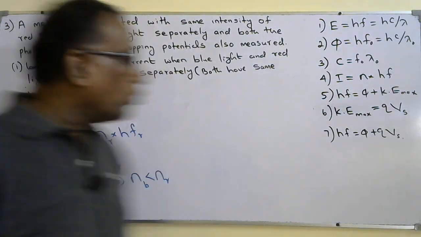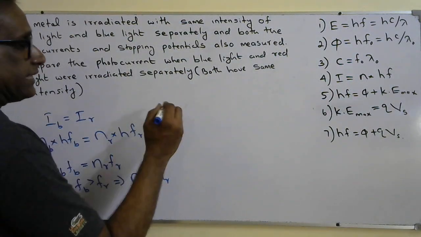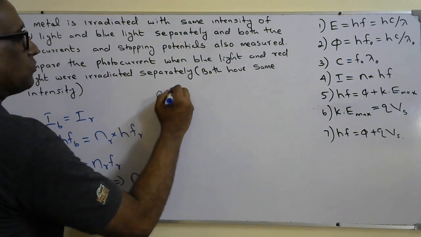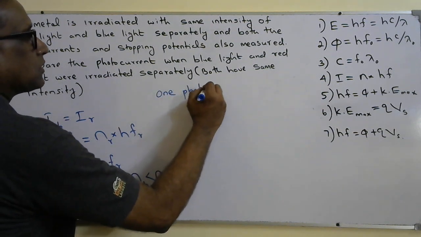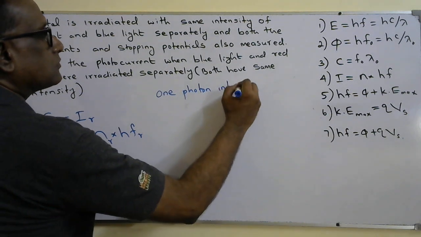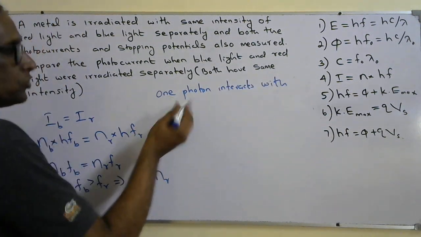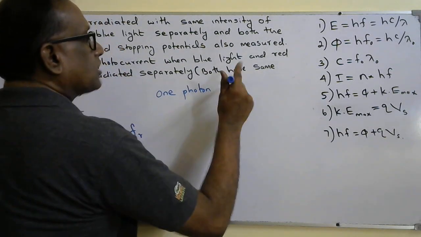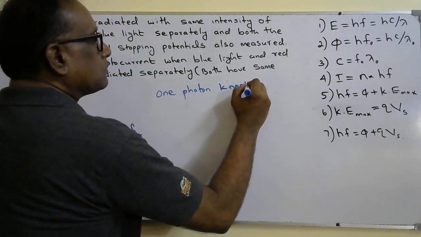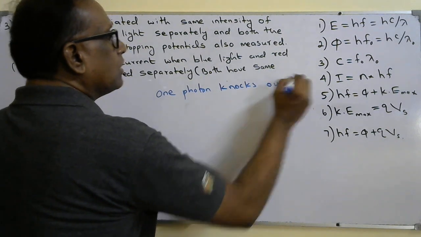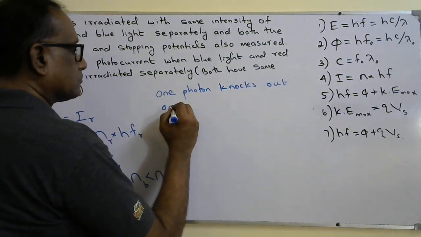Then we should say one photon knocks out only one electron.